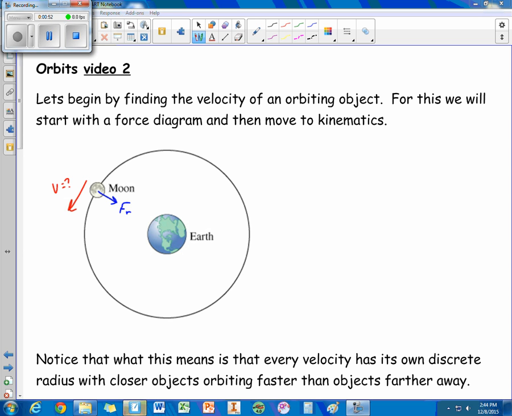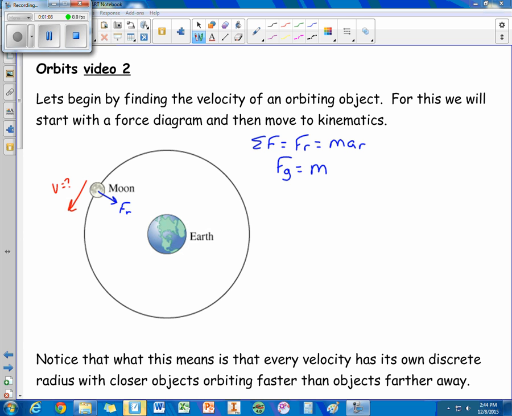So when I study the forces acting on it, I would have a radial force which equals mass times the radial acceleration. Well, the thing that's providing this radial force is gravity. So I got this force due to gravity equals m.